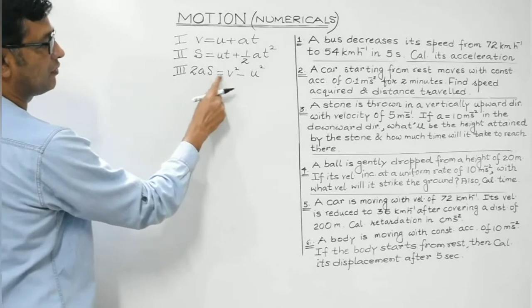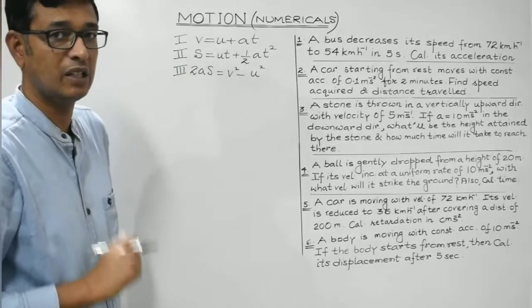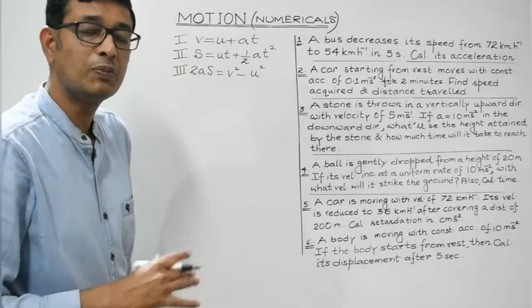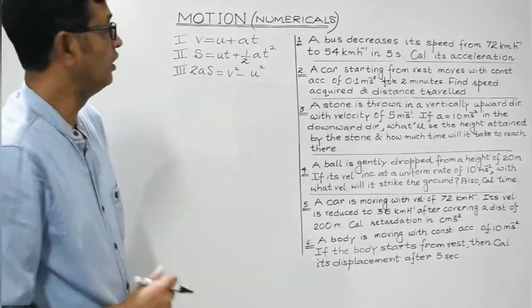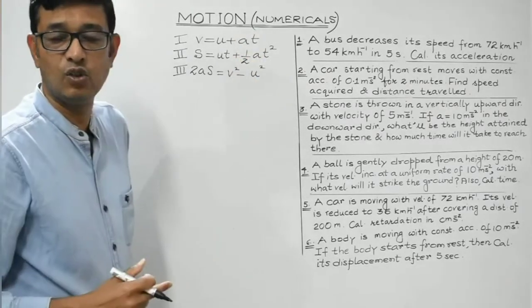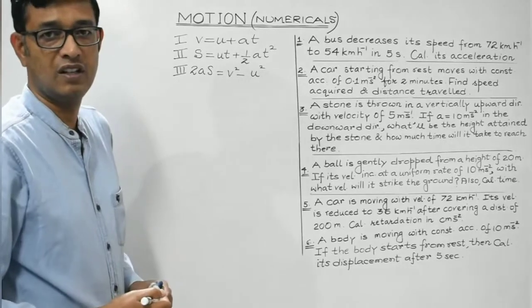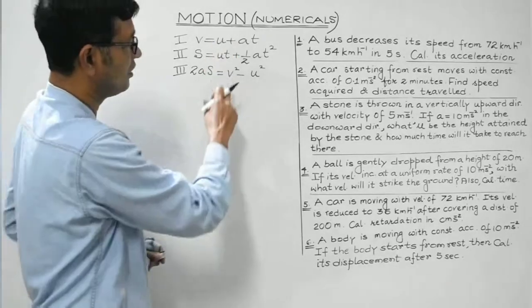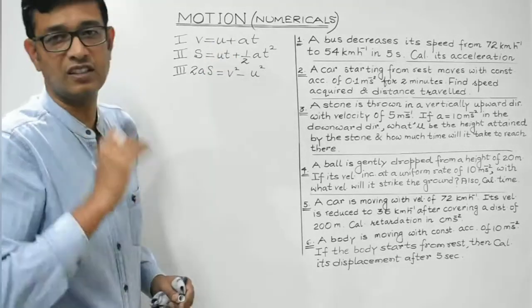Here V, the final velocity, and S, the displacement, are variable. So it is known as the displacement-velocity relationship. These three are collectively known as the equations of motion, and I repeat, these equations are valid only when A is constant.